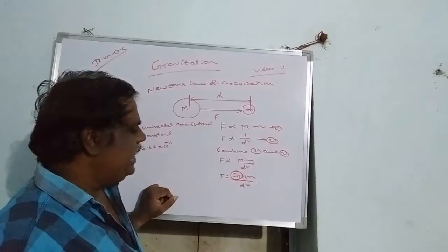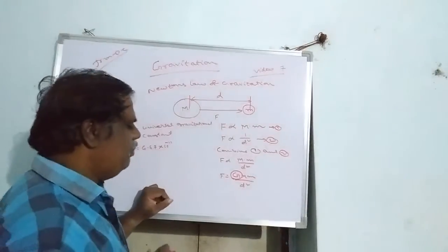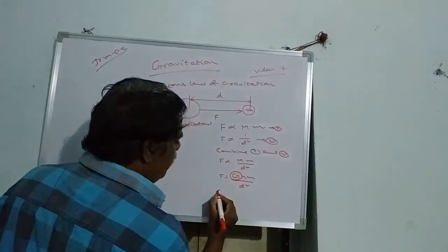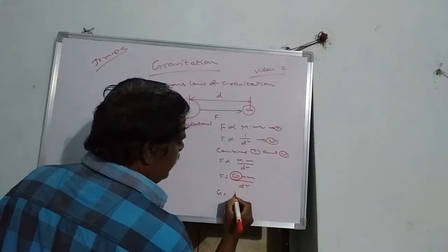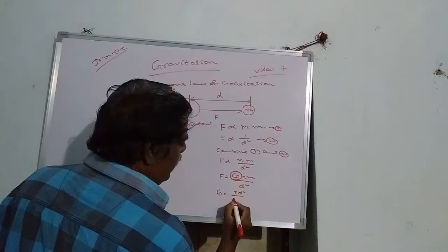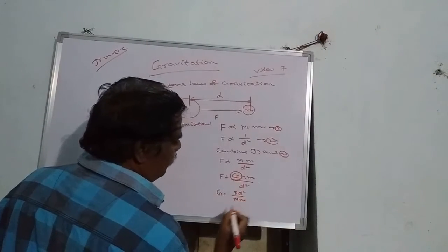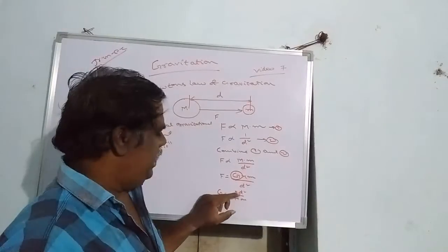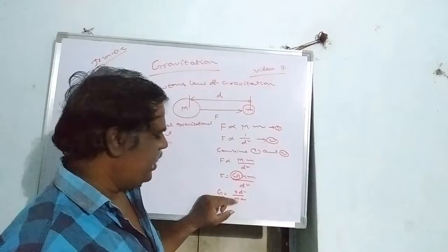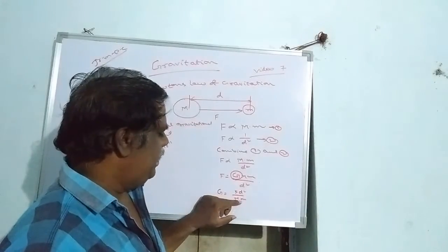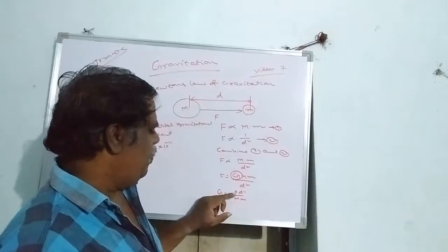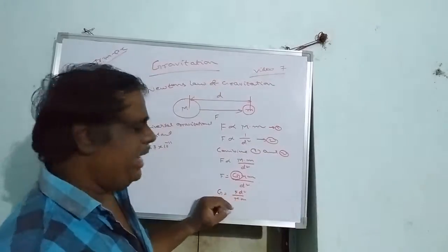So what are the units for this G value? Taking G out, it becomes F d square by Mm. F value is in newtons, distance d is in meters, squared, mass in kg into kg, so the unit is Newton meter square per kg square.